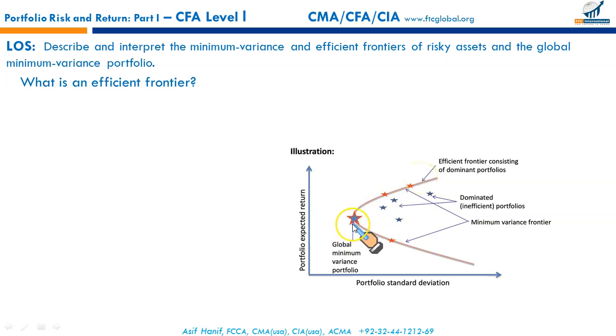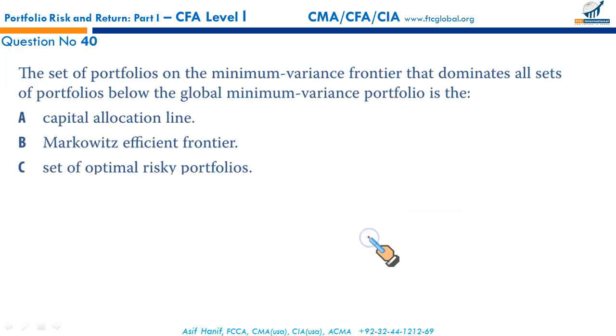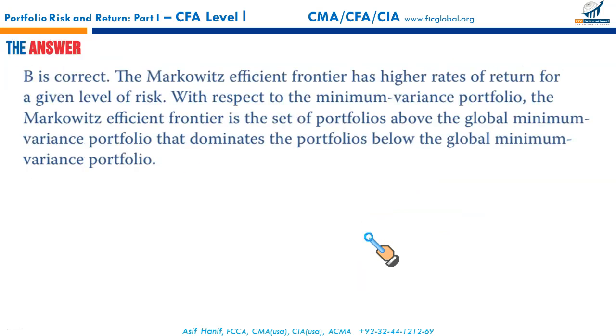So with respect to this global minimum variance portfolio, the Markowitz efficient frontier is a set of portfolios above it. So these portfolios dominate the portfolios below this global minimum variance portfolio. So that makes B the correct option. B, Markowitz efficient frontier, that's the answer.